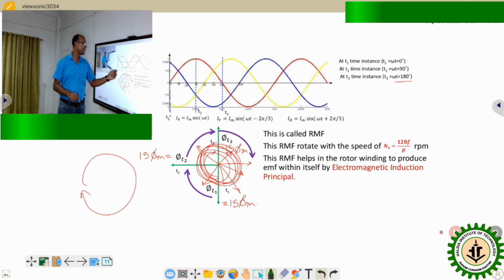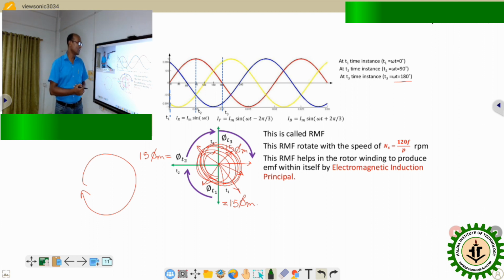For these R, Y, B phases, the flux distribution orientation is clockwise. So the magnetic field moves in a clockwise direction with this phase sequence, R, Y, B, 120 degrees apart, and it continues to rotate clockwise. That is called RMF. Because of the rotating magnetic field, the induction motor will experience electromagnetic induction.